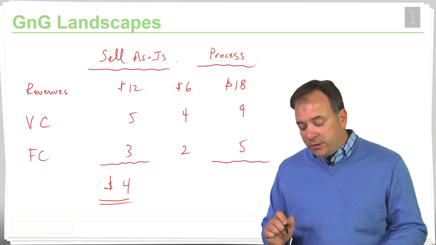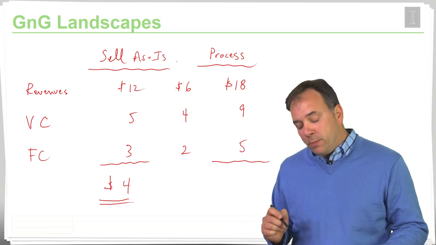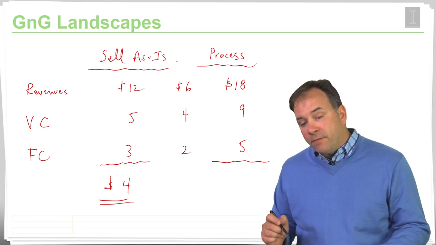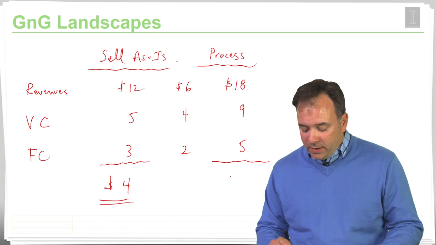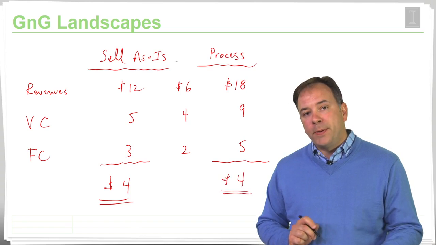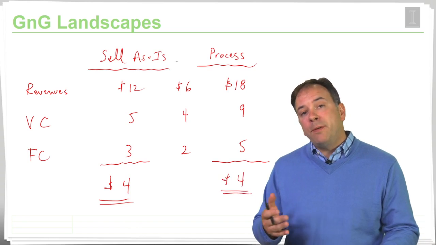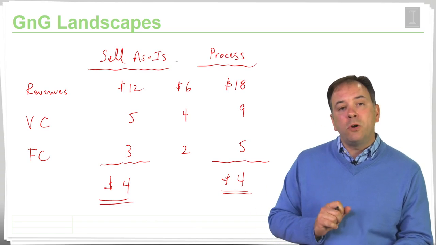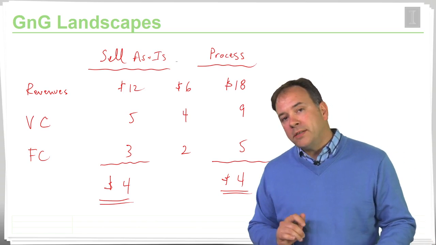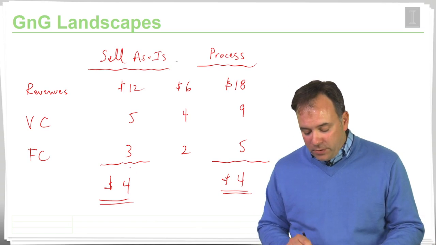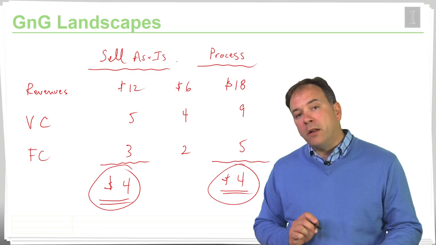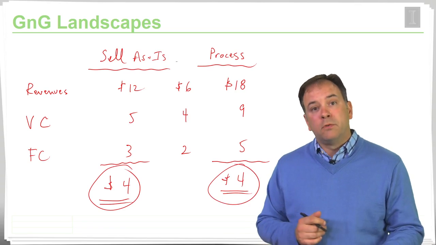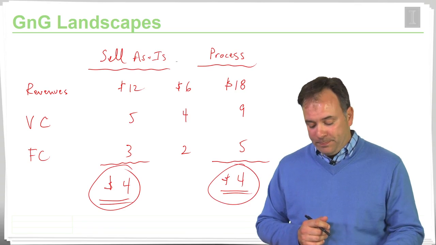And so the $18 in revenue, subtracting the variable costs of $9 and the fixed cost per unit of $5, yields $4 on a per unit basis. So from a profitability perspective, essentially we're indifferent between selling the roses as they are now or processing them further, because each of the units provides us with $4 in profits regardless of when we sell them.